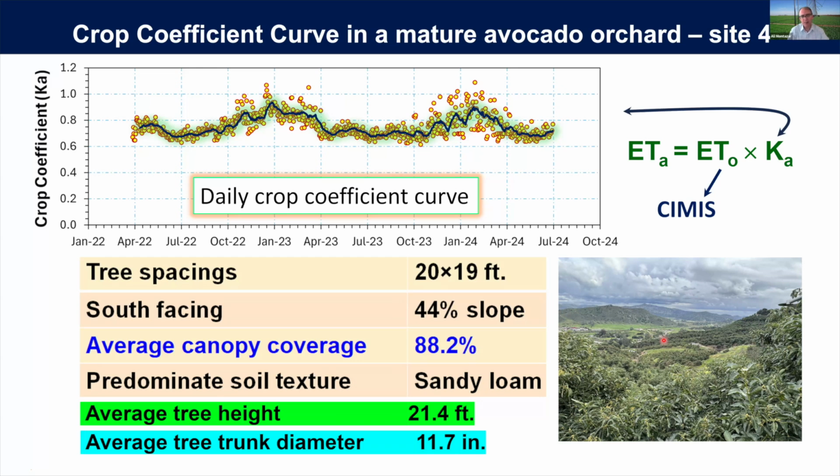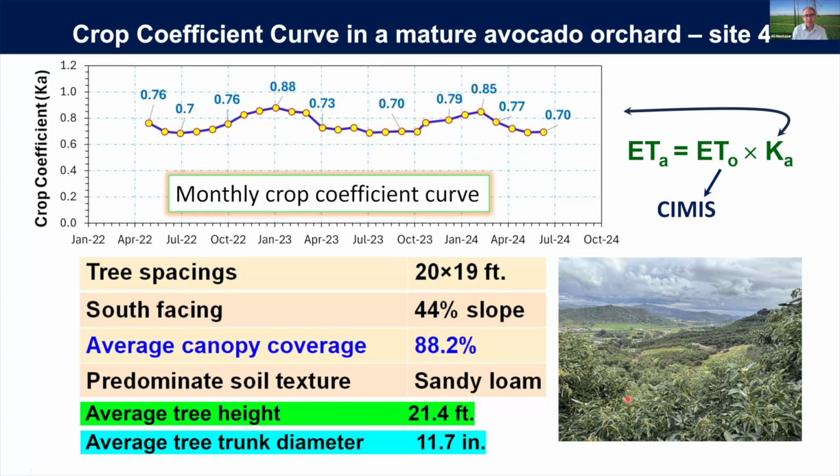I have crop coefficient data for about 3 years in this site, and you see the variation. In spring we have higher, then it goes to summertime, lower crop coefficient, again comes to fall and spring higher, and again the same.